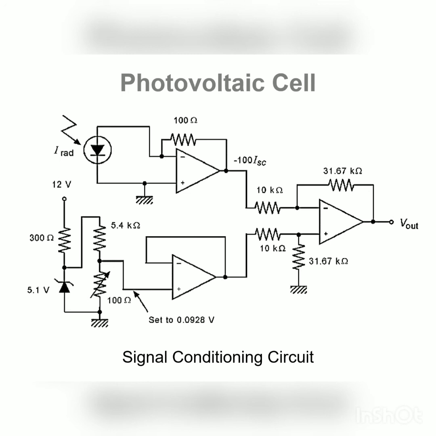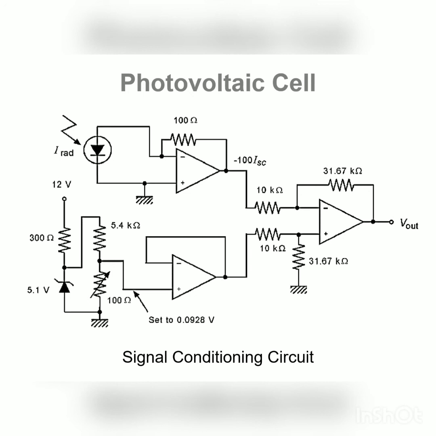This can be achieved by using a resistance of 5.4 kilo ohms and a 100 ohm variable resistor. Then the voltage, which is equal to minus 100 into ISC, and the voltage obtained by using the Zener diode and the additional potential divider arrangement, set to 0.0928 volts, will be fed as input to the differential amplifier.